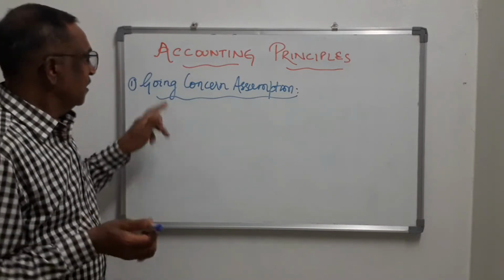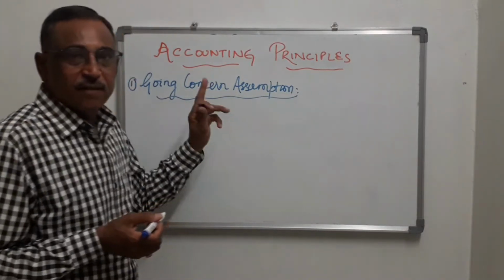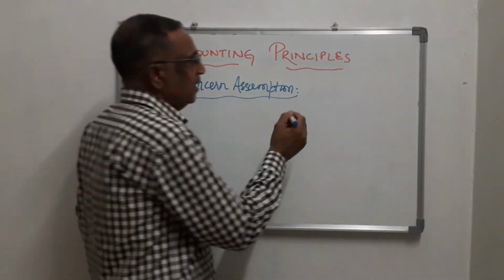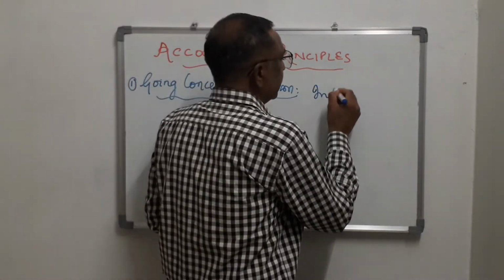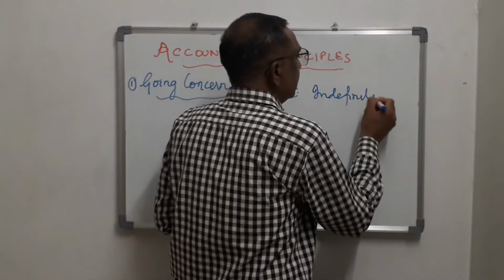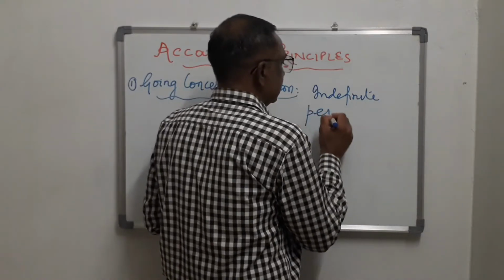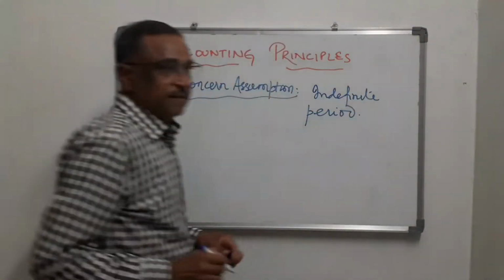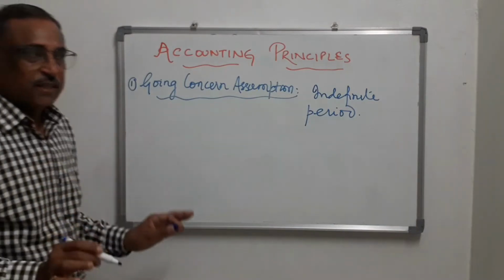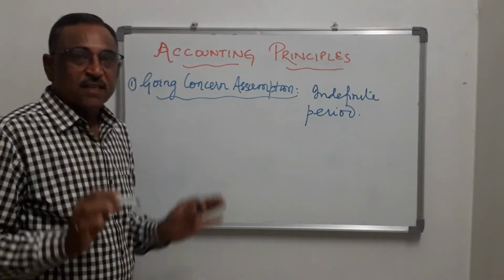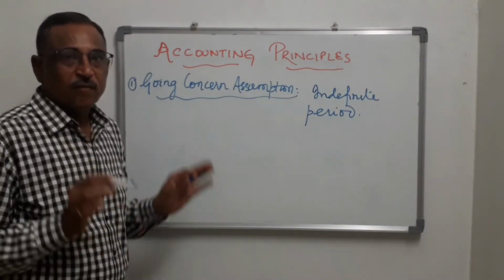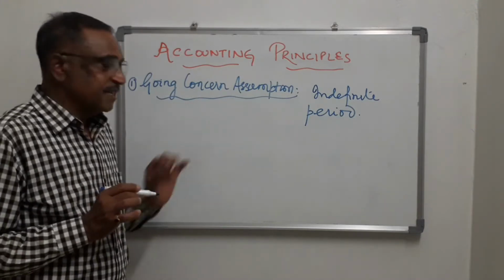So going concern assumption says business will go for an indefinite period. Okay. We do not have any intention to close it down or to scale down the operational activity of the business. Clear?